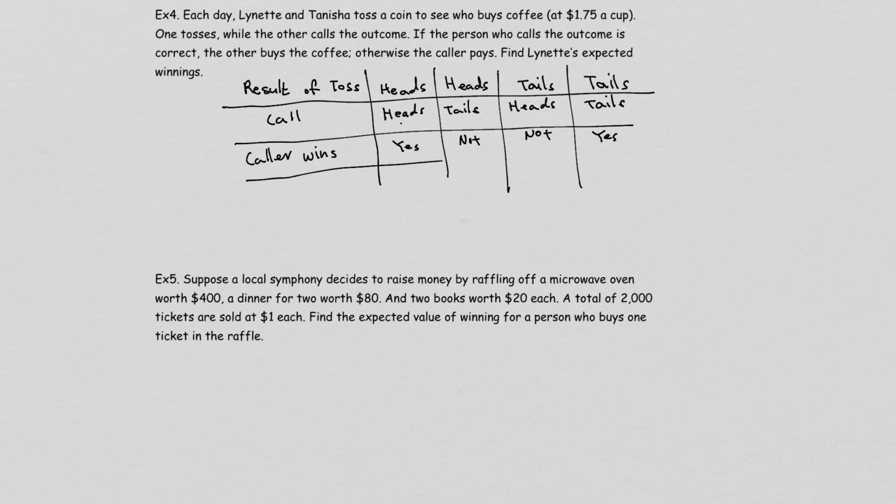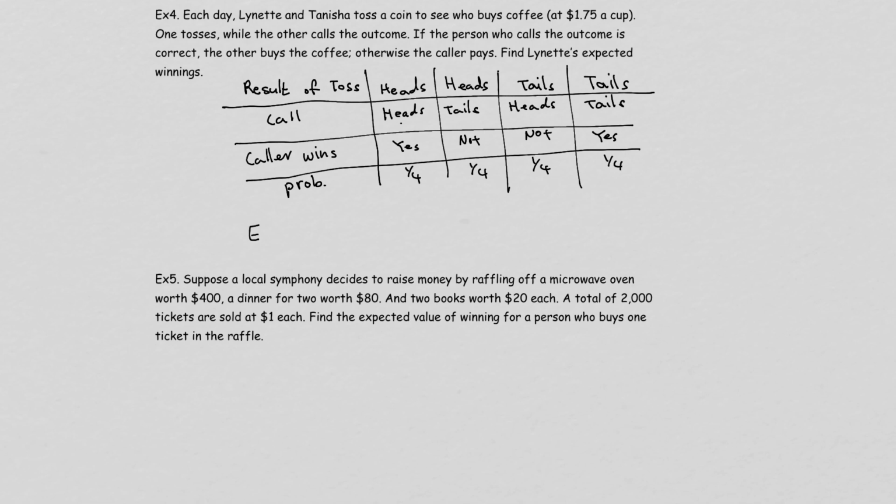And then we wanted to see what the probability of that is. So this is how many outcomes you can have. You can have 1, 2, 3, 4 outcomes. So out of 4 outcomes, you have 1/4, 1/4, 1/4, 1/4.